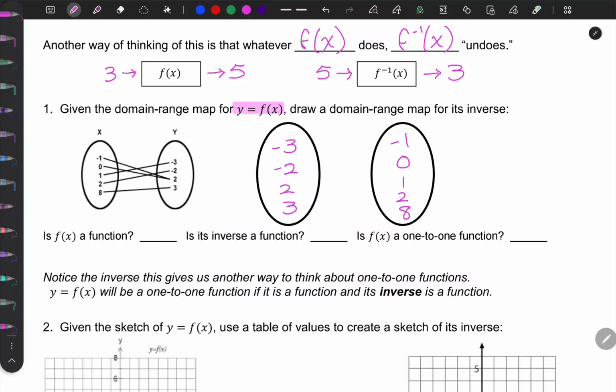Now we need to map each of these correctly. In our original function, if we trace 1, we'll see that 1 gave us an output of -3. In our inverse, -3 should return a 1. So we'll do a line going from the -3 to the 1. You can similarly fill in the other lines. So we go from -2 to 2.